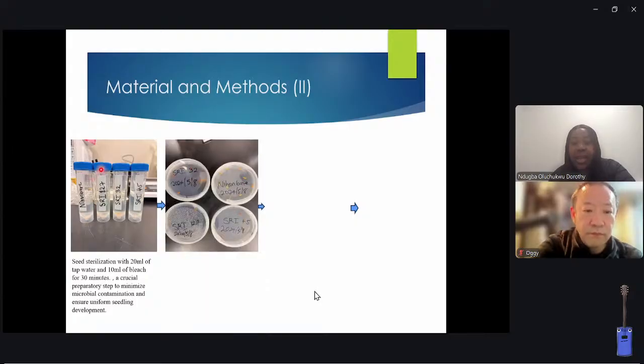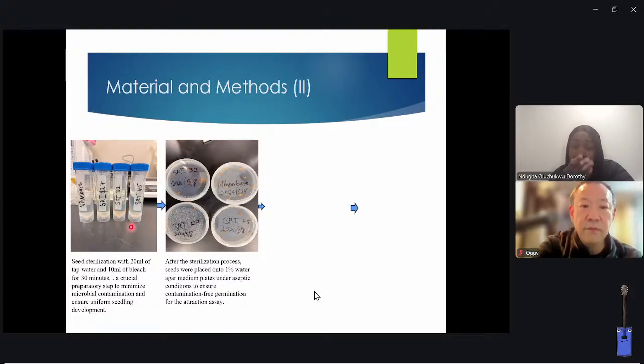So here is the rice seeds. After the sterilization, the seeds are washed 5 times with sterile water to remove the residue of the bleach in the seed.